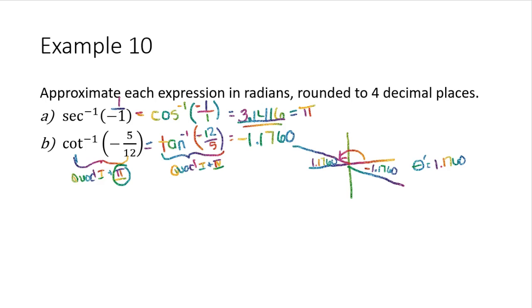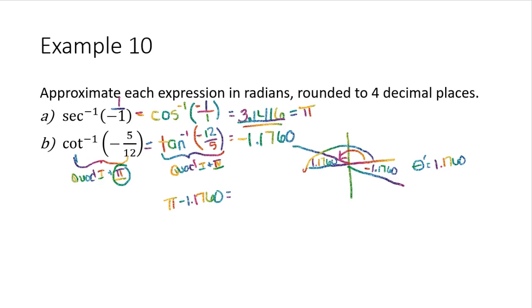And if I want to know what this angle is right here, then from here all the way across is pi, but we need to back up 1.1760. That means the angle I'm looking for is going to be pi minus 1.1760.